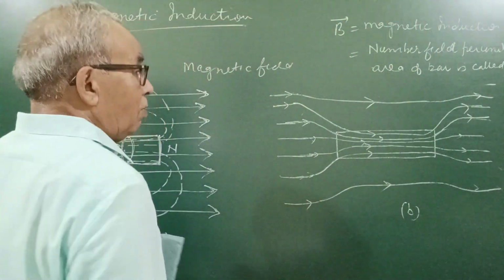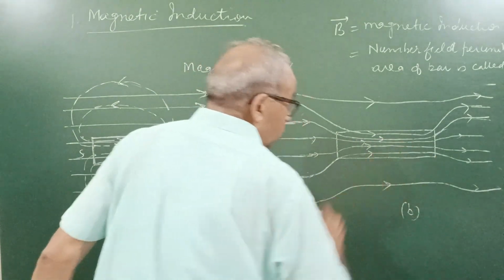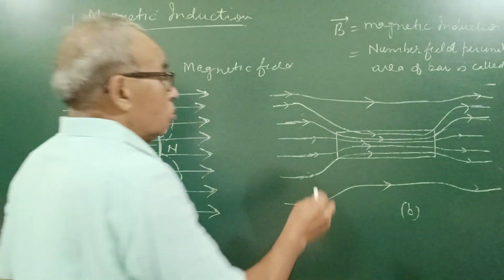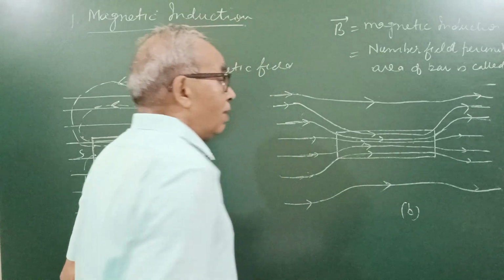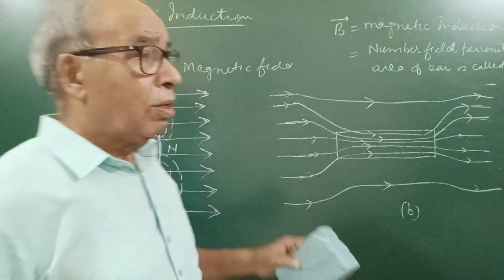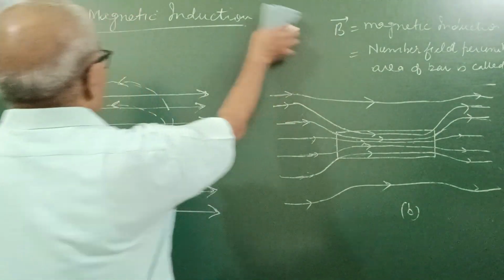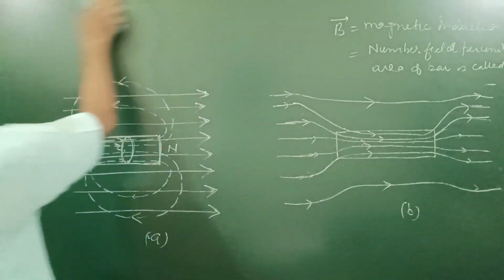Here in the figure, the field lines get closer and increased. So the field becomes stronger inside the bar, while outside it is weaker. So the number of field lines per unit area is called magnetic induction.